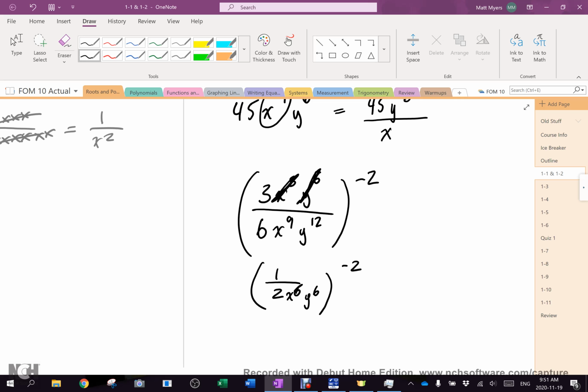Do we ever write 1 as a denominator? No. And 2 squared is 4. And you see, you get the same answer. Does it matter what directions you go? No. Do you have to apply everything? Yes. Is everybody ready to try?